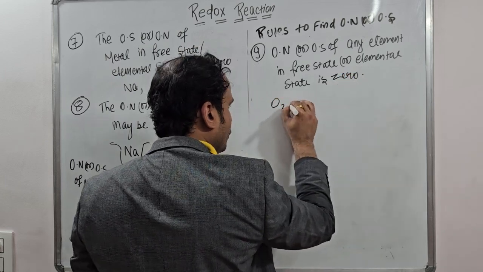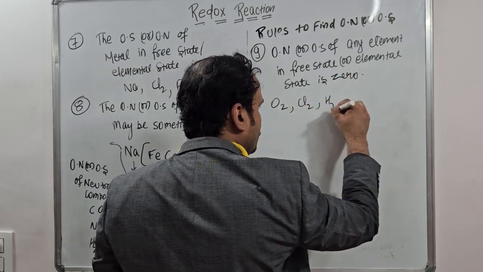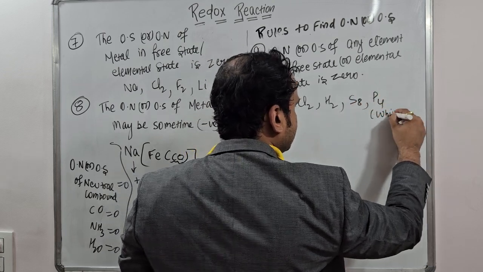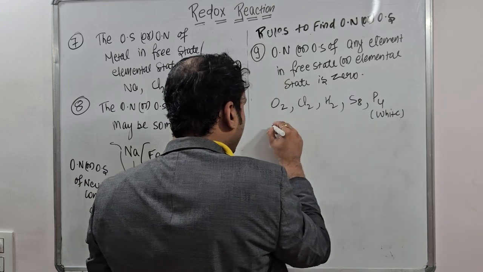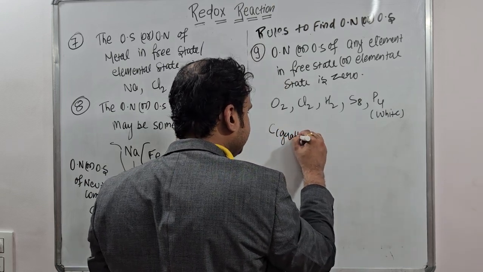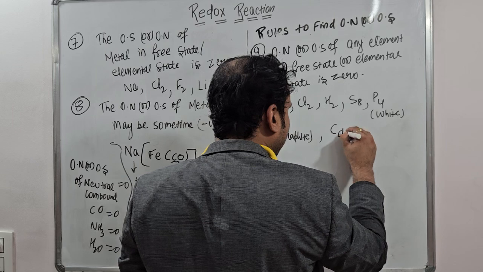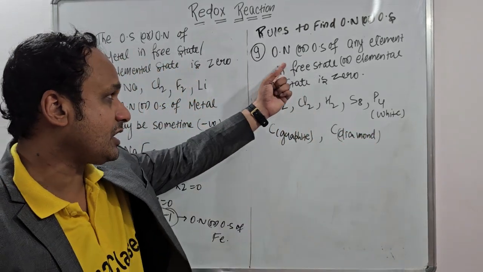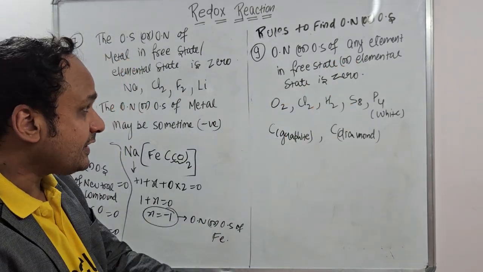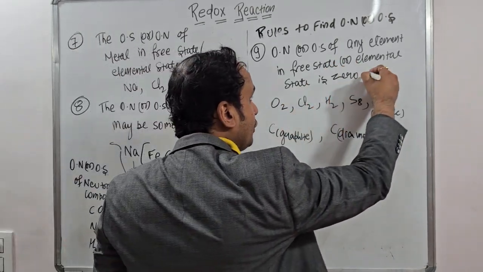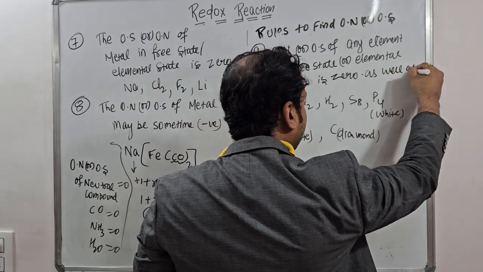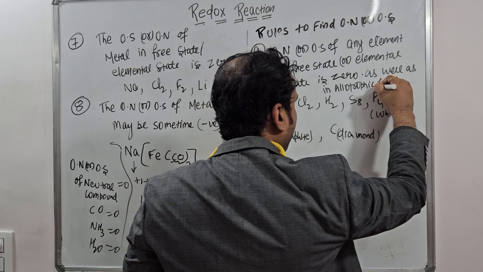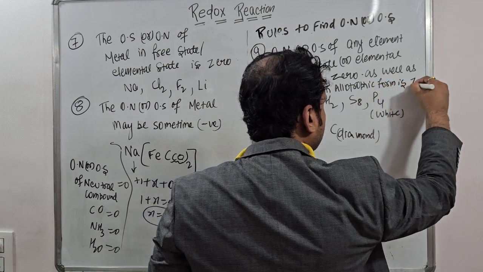Like O2, Cl2, H2, S8, P4, this is white phosphorus, or carbon of graphite or carbon diamond. These all have the oxidation number 0. It means the oxidation number or oxidation state of any element in free state or elemental state is 0, as well as in allotropic form.